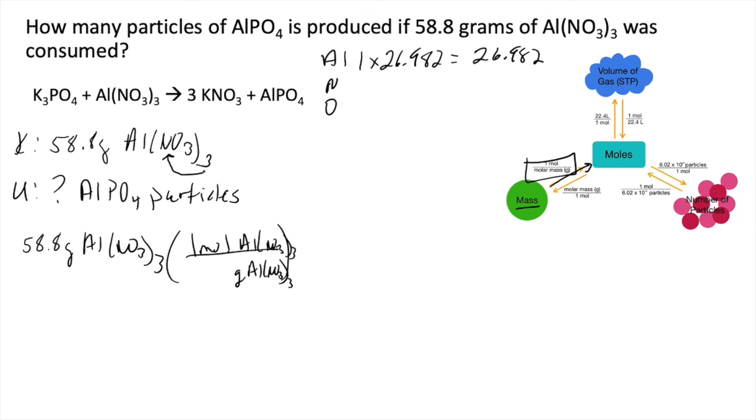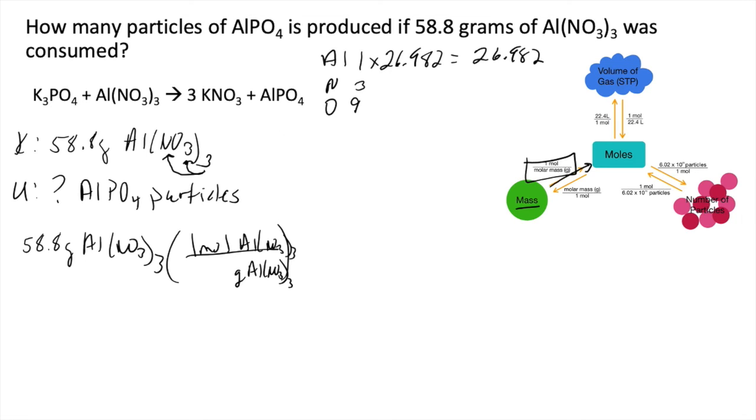Basically, it's just like the distributive property in math. You're going to multiply everything inside of the parentheses by what is outside. And where nitrogen has no subscript behind it, we understand that to be 1. So 3 times 1 would be 3 nitrogens. And 3 times 3, which is the subscript behind the oxygen, would give us 9 oxygens.